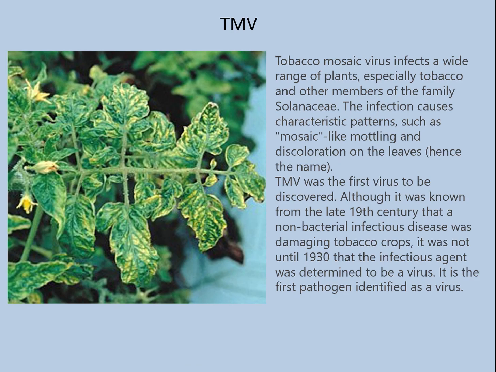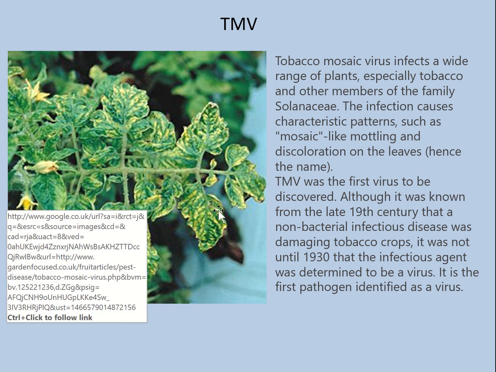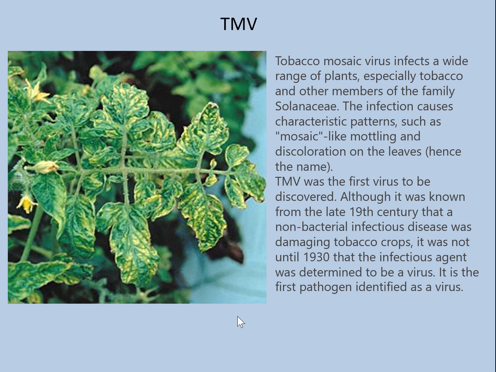If we look at the plant world, this is tobacco mosaic virus. This is one you do need to know about. It infects a wide range of plants, especially tobacco and other members of that family. It causes this mottling kind of discoloration you can probably see here on the leaves. It was the first virus to be discovered, known from the late 19th century.